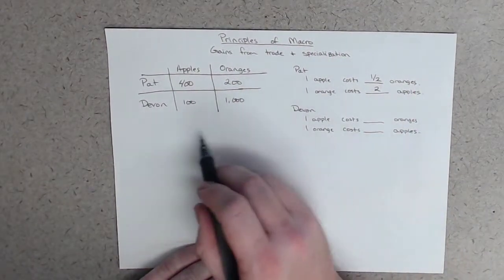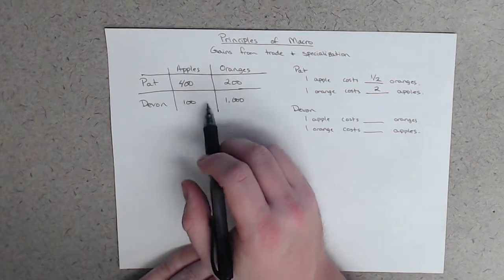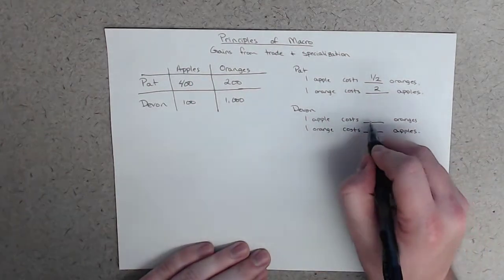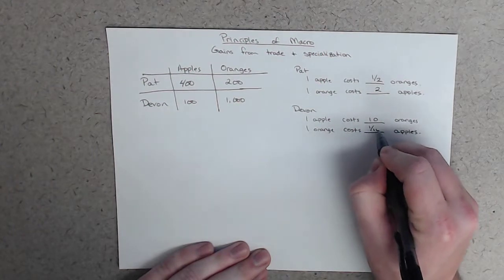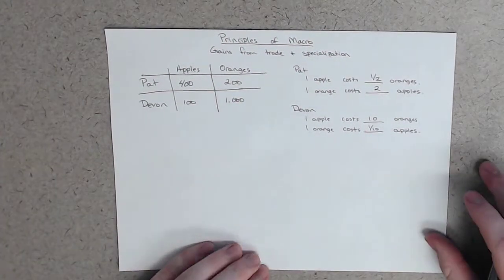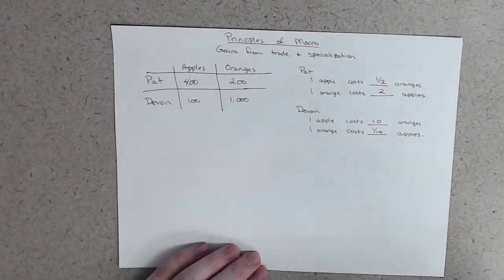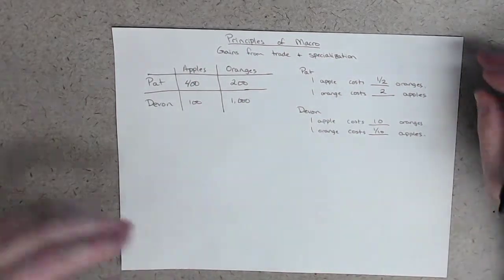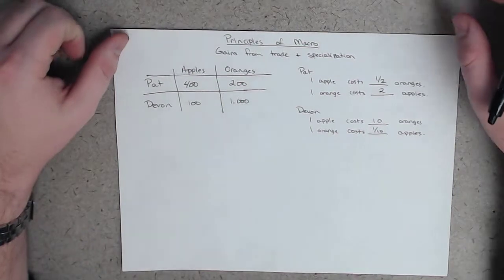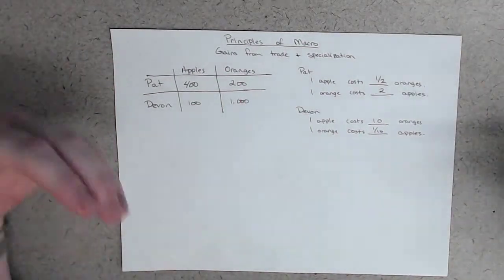For Devin, one apple, so I divide by 100, costs 10 oranges, and so one orange costs 1/10. And so there you are, just a real quick review of comparative and absolute advantage, okay? Now, we're going to talk about trade today, so I'm going to flip this over, but we'll come back to those in a little bit.